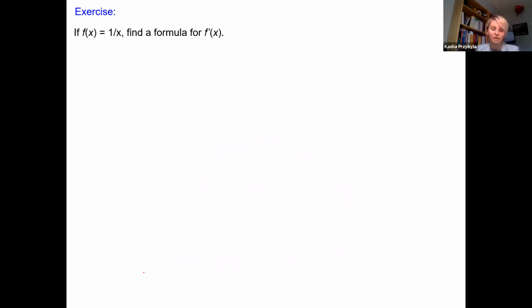Let's see. For example, if the function is equal to 1 over x, do you know the formula for f prime of x? The formula for the derivative? You may tell me right away, because I took this question from section 2.2, where we didn't know the shortcuts.